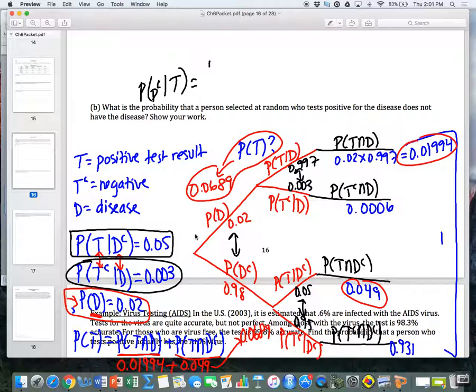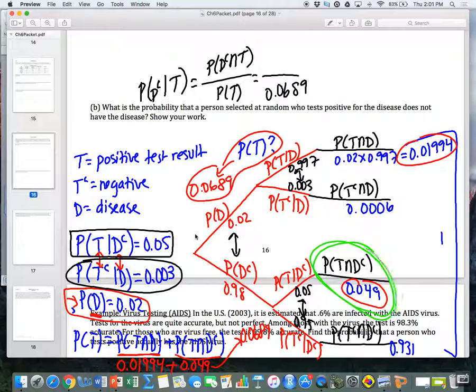So this is going to be the probability of D complement and T over the probability of T. That's just the conditional formula. Probability of T is what we selected in part A, so 0.0689. And the probability of D complement and T is in the tree. So D complement and T. So this right here, it's an and, it's just written in the reverse order. So 0.049.